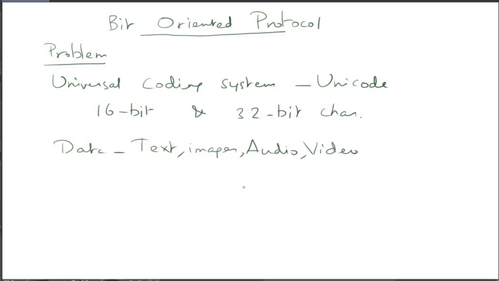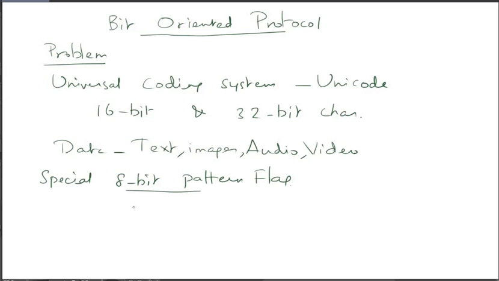Along with this, in addition to the header and the trailer, still a delimiter is needed to separate one frame from the other. So here also we use a special 8-bit pattern flag.